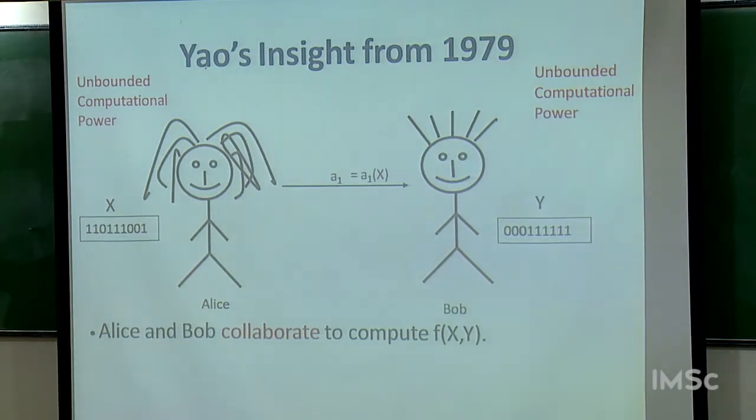So there's a protocol that they decide a priori, and as Alice is unbounded, Alice can send any function. She can compute, so A1 here is just an arbitrary function on her input. She can compute that and send it to Bob. So I'll assume for now, for simplicity, she just sends one bit. At each round, players send a bit.